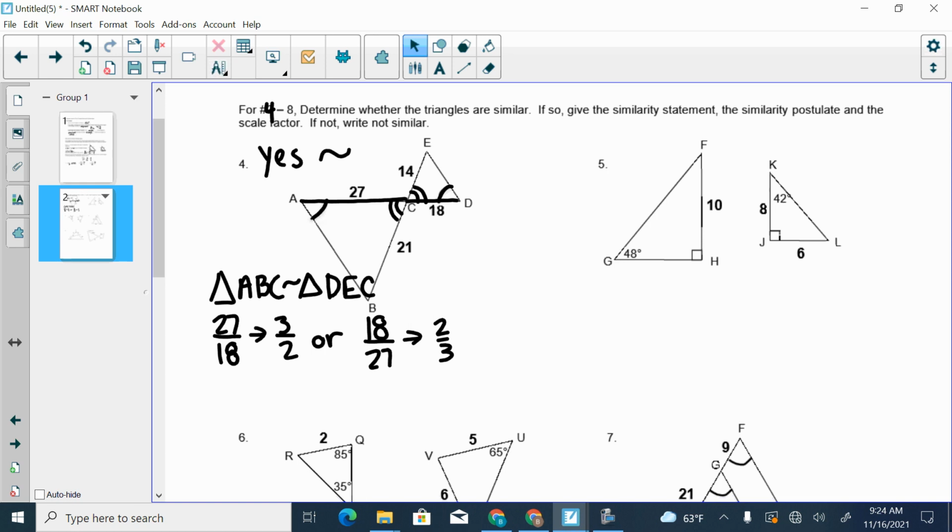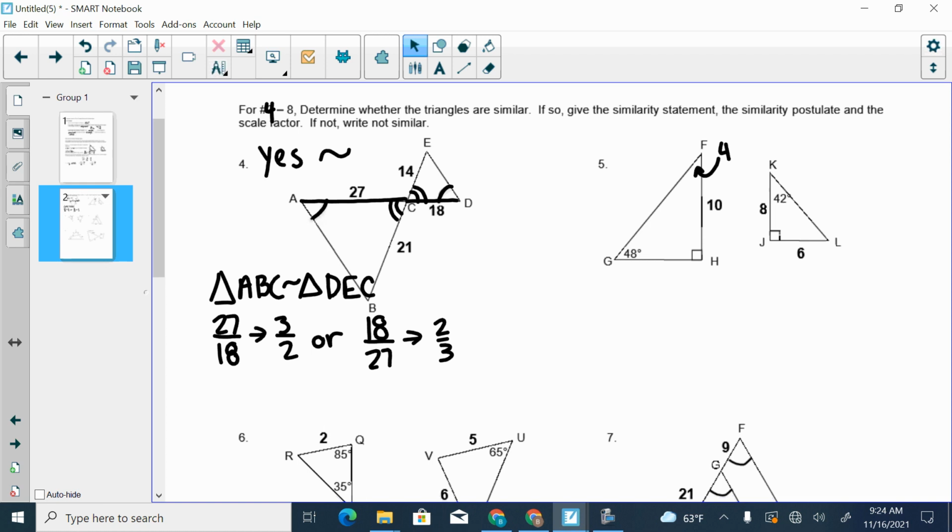All right, number 5. Again, same idea. We got to prove we've got at least two congruent angles. So over here, we've got 48 and 90 on our first triangle. Well, I could add those up and subtract from 180 and figure out how many degrees this angle needs to be.